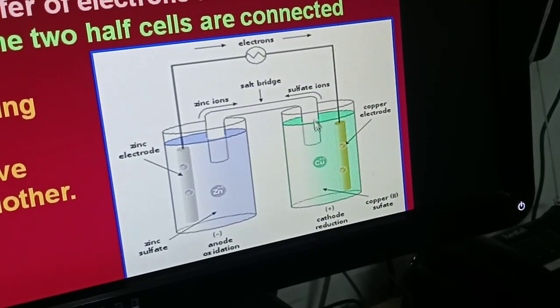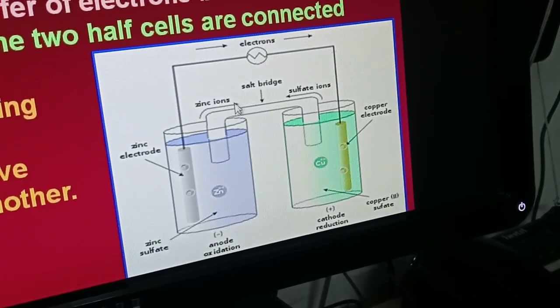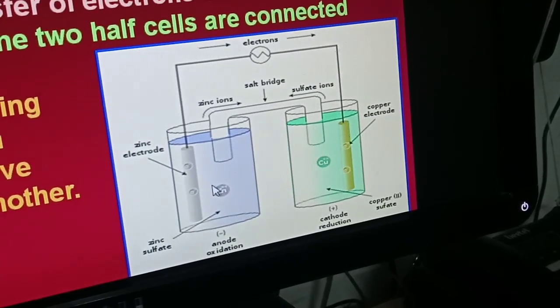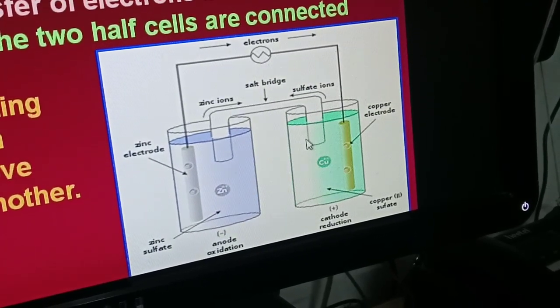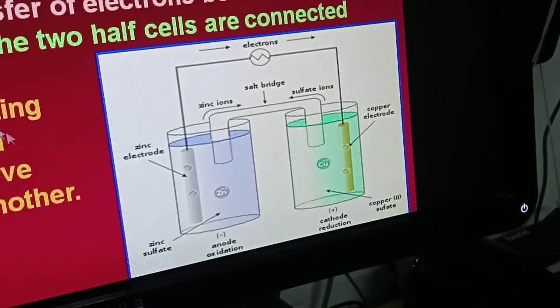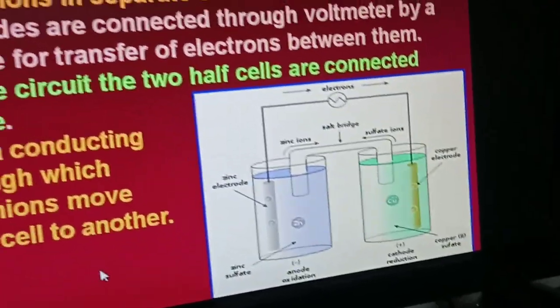So this is the salt bridge whose one part is immersed in one electrolyte and the other part is immersed in the other electrolyte. Now let us study about the salt bridge in detail.